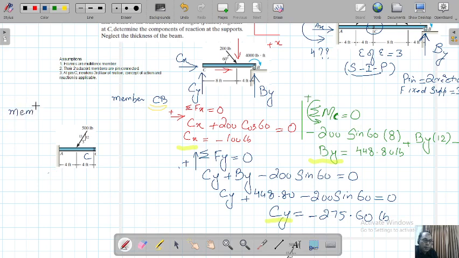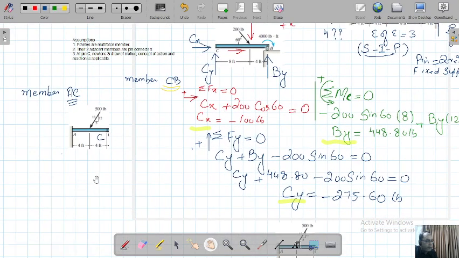This is member AC. This is member AC. Now for this, we know A will basically have three unknowns, because it is a fixed support.